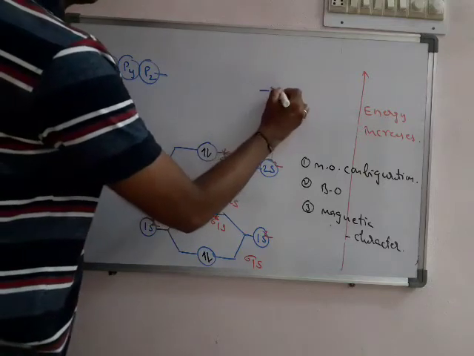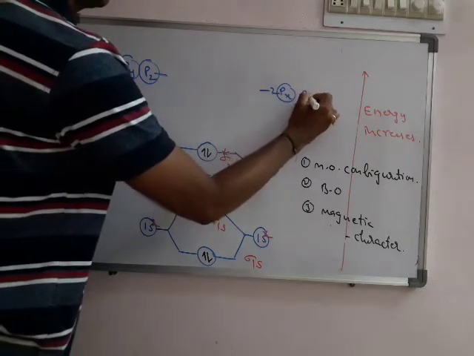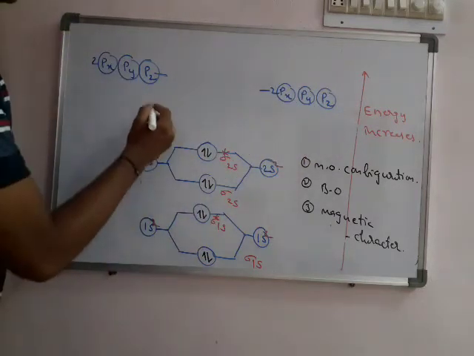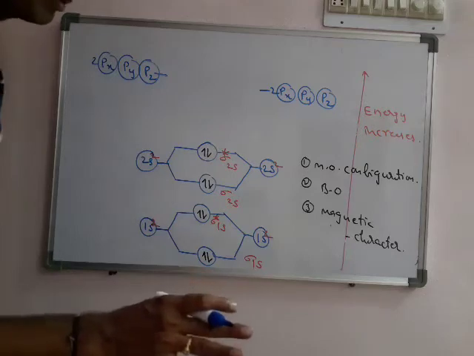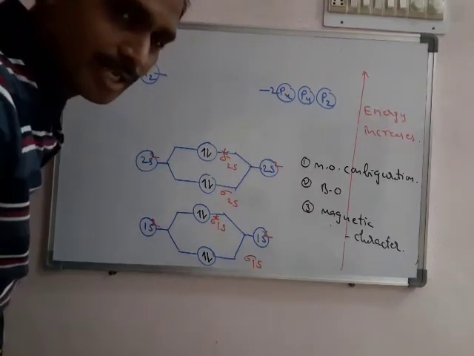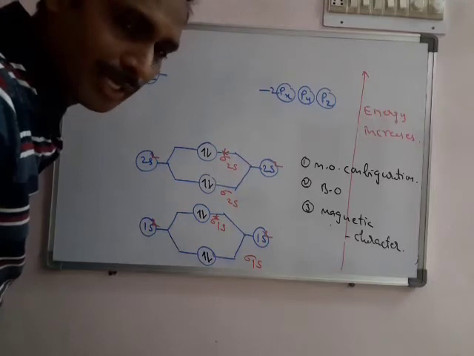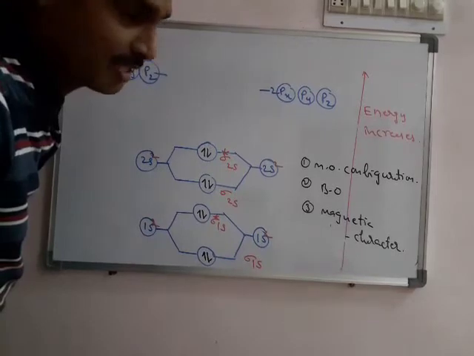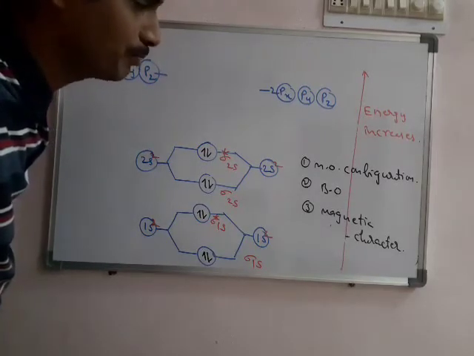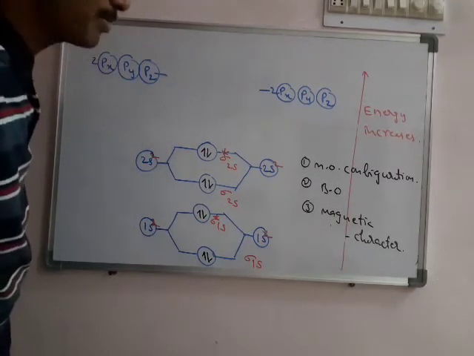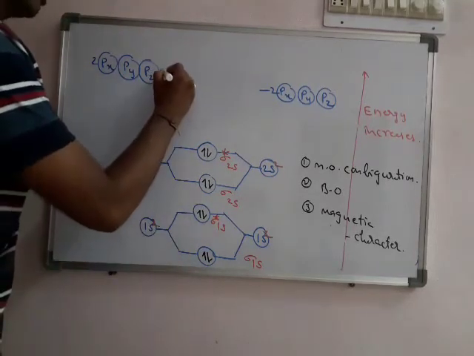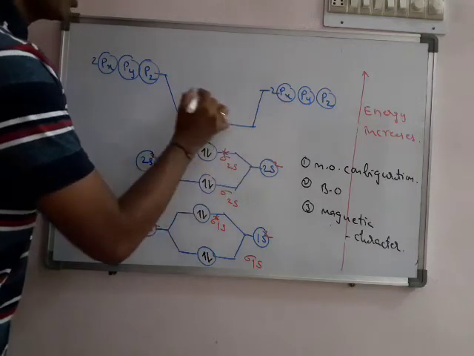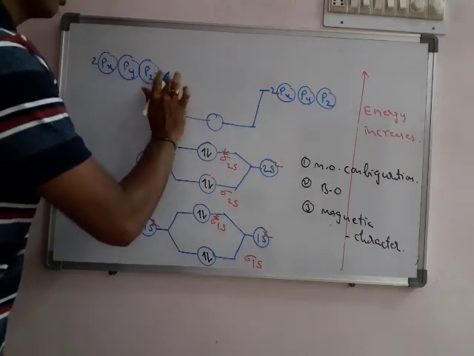Here also the same 2px, 2py, 2pz. Now 6 are formed. Of those 6, 3 have low energy and 3 are in higher energy. In the low energy ones, 1 is sigma and the remaining are pi. So that is the energy difference above 14 electrons, according to MOT, molecular orbital theory. At one position there is a difference, because we already know the configuration.